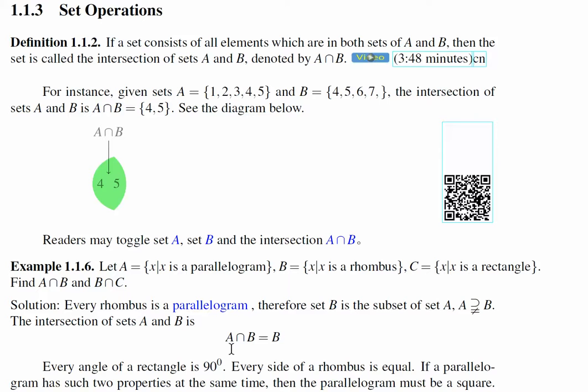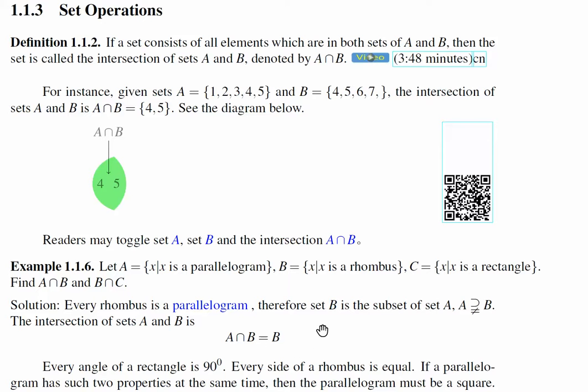So here we have A intersection B will be B because B is a subset of A. If one set B is a subset of A, then this B graph will sit inside the graph of A. So of course, the common part will be the smaller one. So A intersection B is B. Please review the previous one.